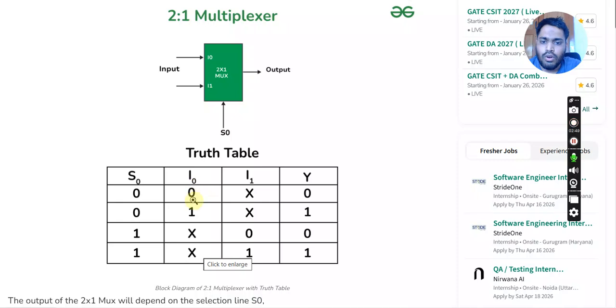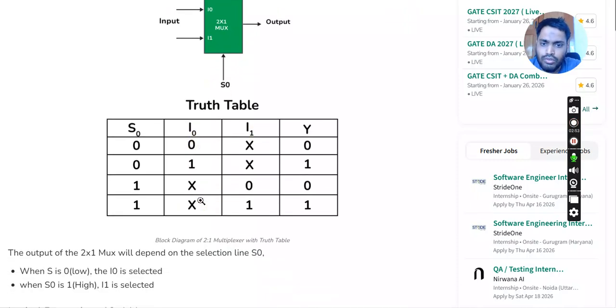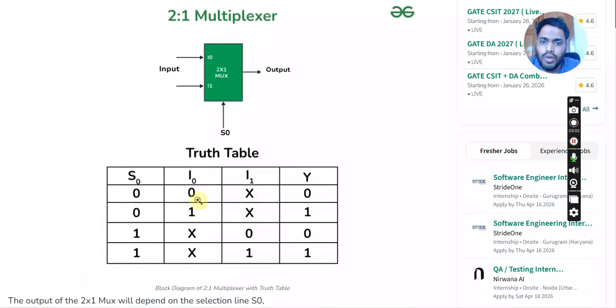So depending on the values of I0 and I1, we can decide what the output is.